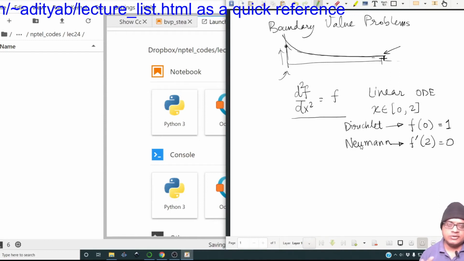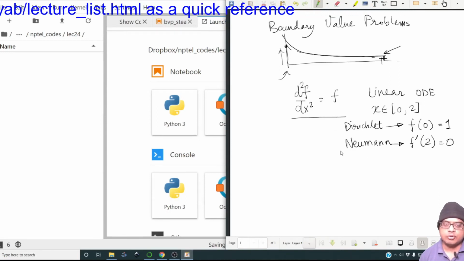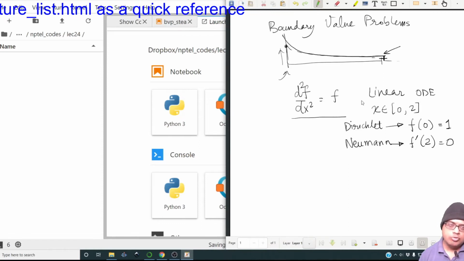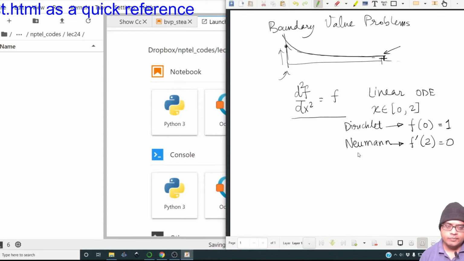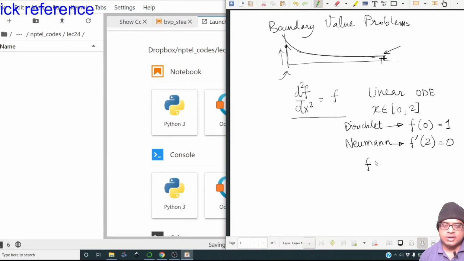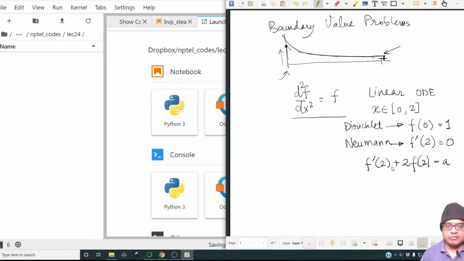And so this is how you distinguish between a Dirichlet and a Neumann. Alternately, you could have a mixture of both, something like f prime at 2 plus twice f of 2 equal to a. So it's a mixture of the first derivative and the specified value of the function, and this kind of boundary condition is known as the Robin boundary condition.